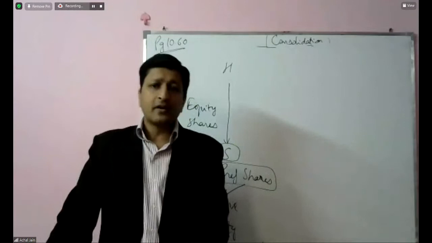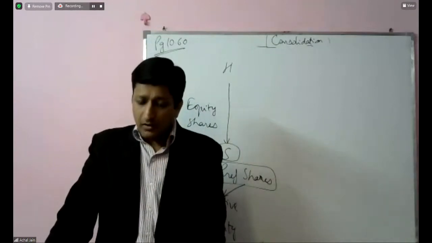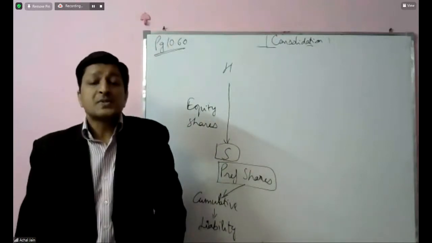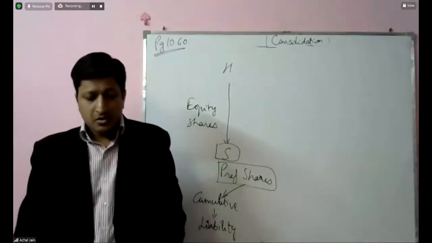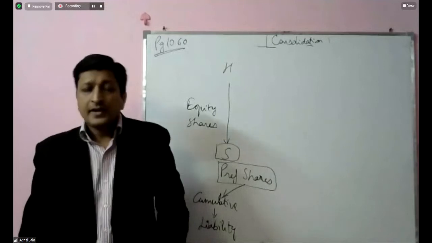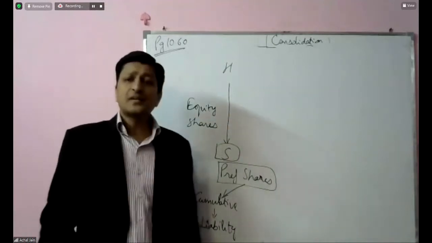It would be appropriate for the parent to compute its share of profits or losses after adjusting for the subsidiary's cumulative preference dividends, whether or not profits are available or whether or not dividends are declared. Now, what does it mean?